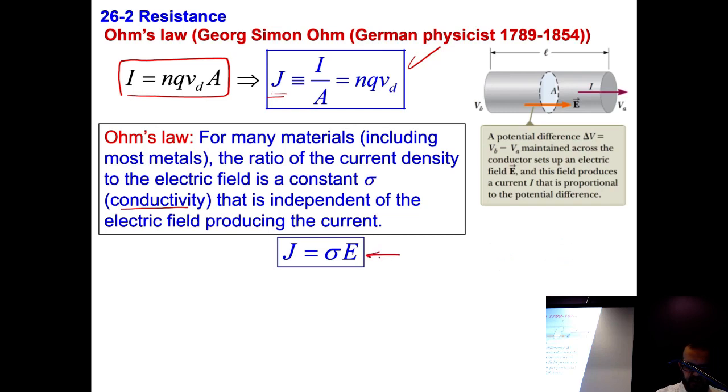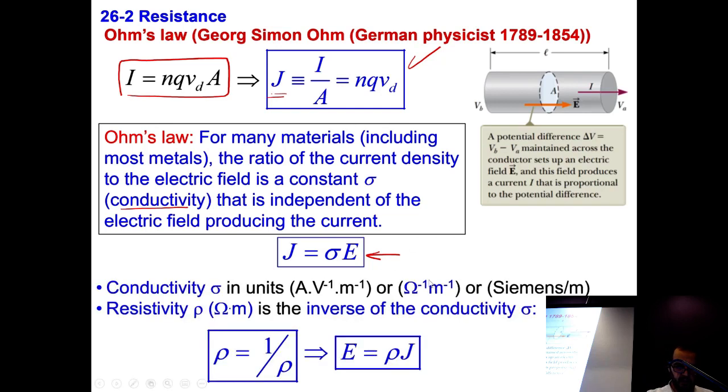But now we are saying the current density, current per unit area flowing through a conductor, is proportional to the electric field that is established in that conductor. The proportionality constant is called conductivity. It's sigma, not rho, sigma.